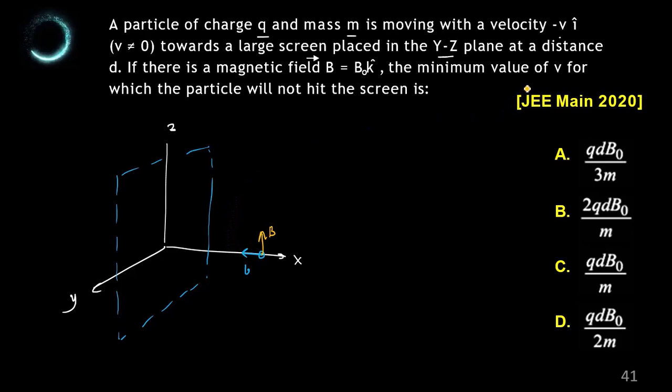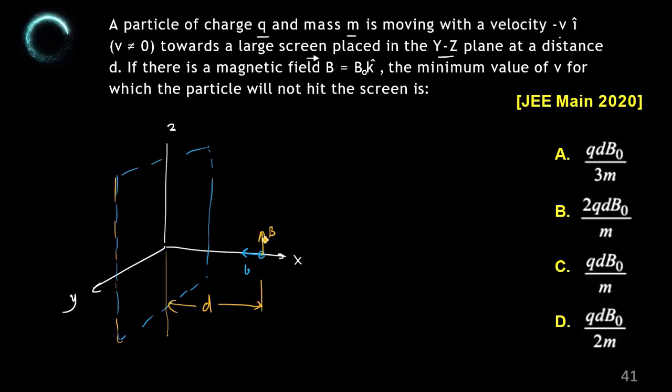We need the minimum value of V for which the particle will not hit the screen. The distance of the screen from the particle is D. Because of this V, the particle deviates in this direction.